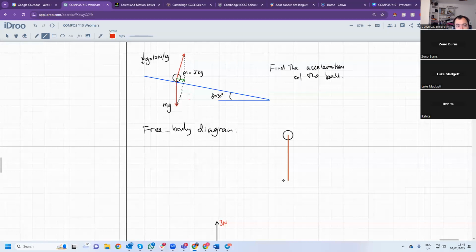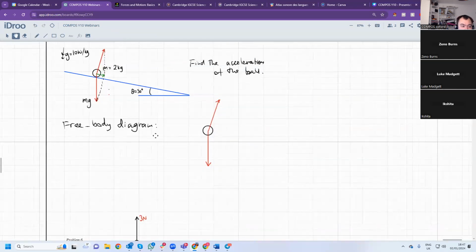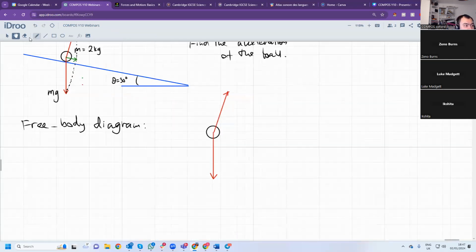Why 40? Sorry. You actually multiply by sine, not divide by sine. But we'll get to that. So you have two forces.